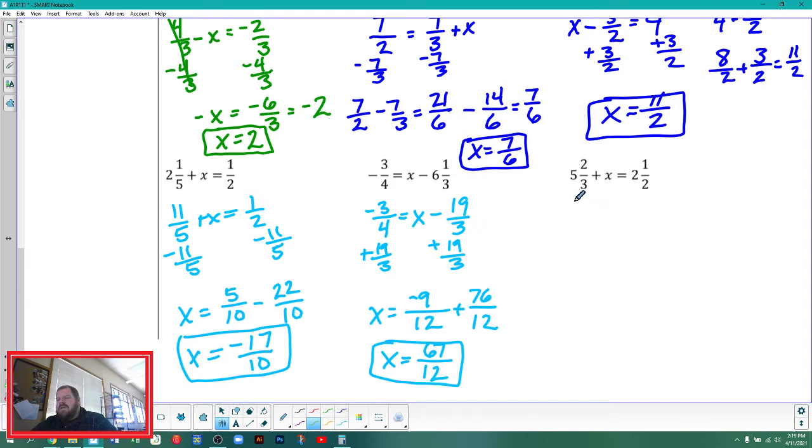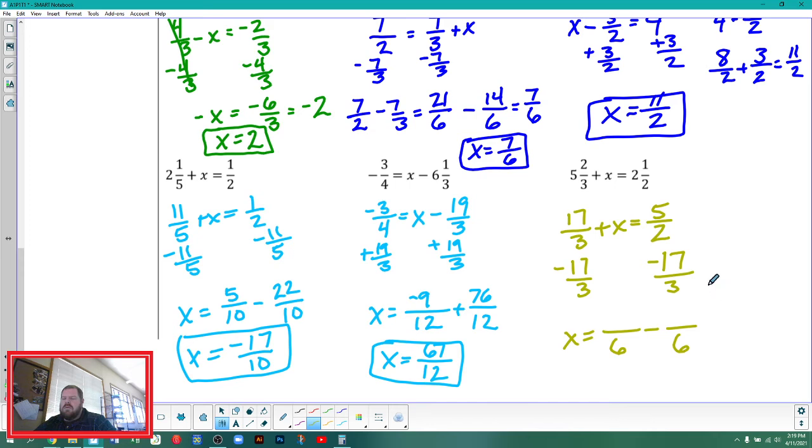Okay, the last one we have here, 3 times 5 is 15, plus 2 is 17. 17 over 3 plus x. 2 times 2 is 4, plus 1 is 5 halves. Take away the 17/3. Take that away from both sides. And we've got a little bit of work to do. Let's turn them both into 6s. 2 times 3 is 6. 5 times 3 is 15. 3 times 2 is 6. 17 times 2 is 34.